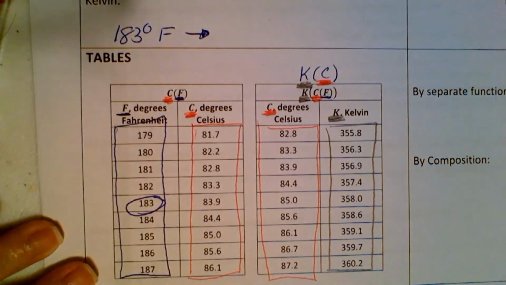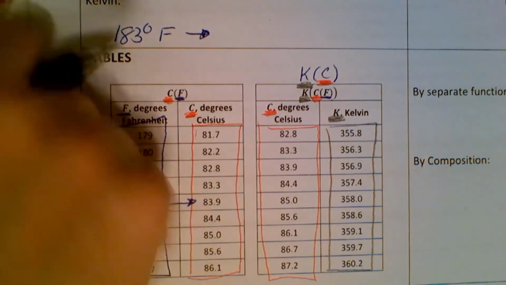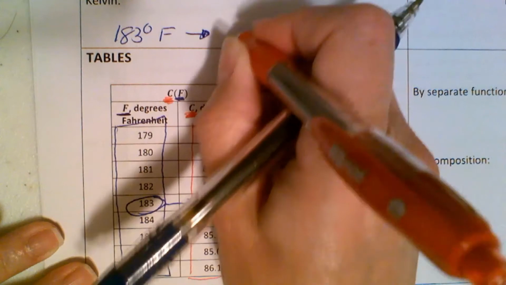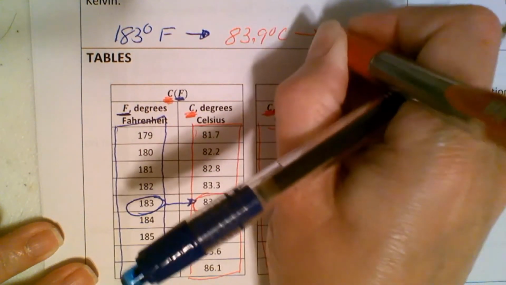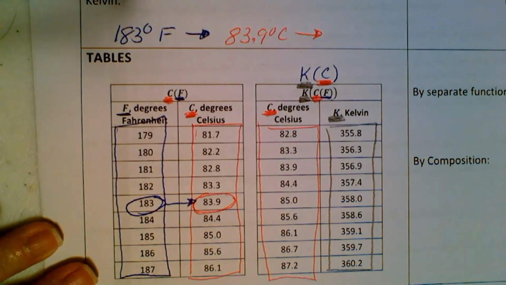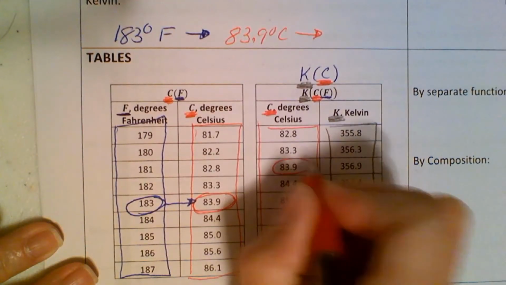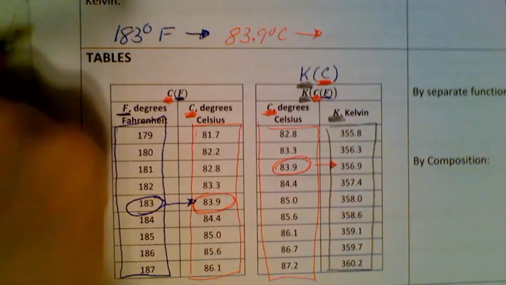And when I take that 183, it becomes this value here as an output of 83.9 degrees Celsius. But that's still not what the requirement is. The lab requirement is that she has to take that value and find it and convert it to the final answer.